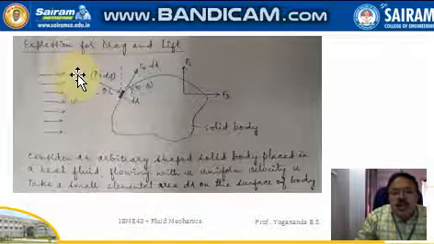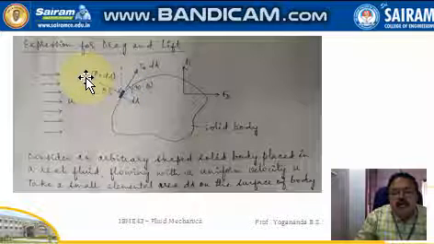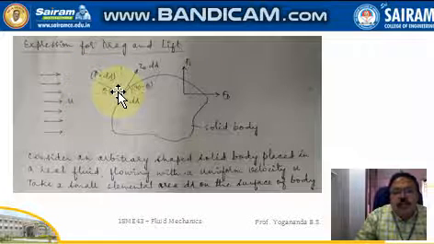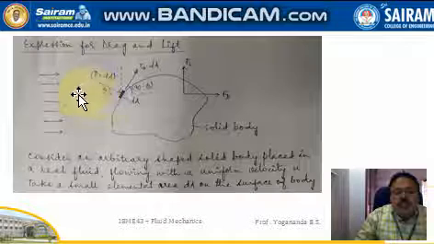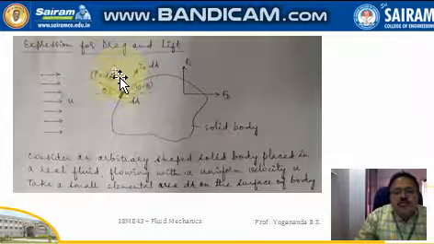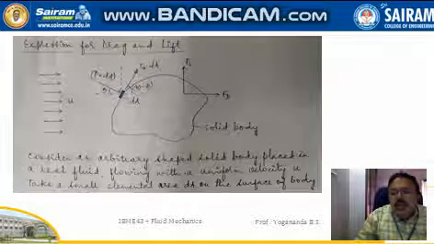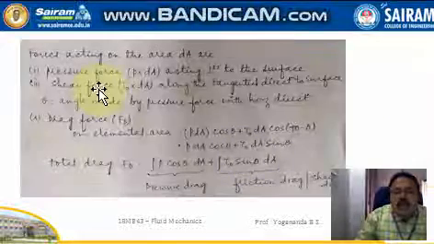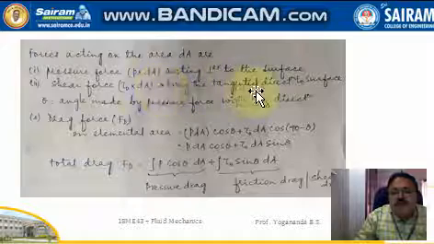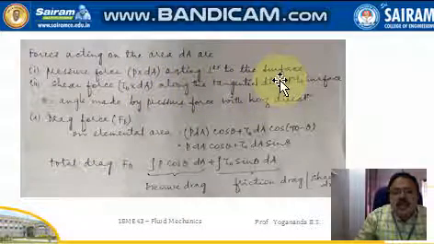Then we have the force P into dA, because we know that pressure is equal to force by area, so force is equal to pressure into area, that is P dA. That is the pressure force acting perpendicular to the surface.